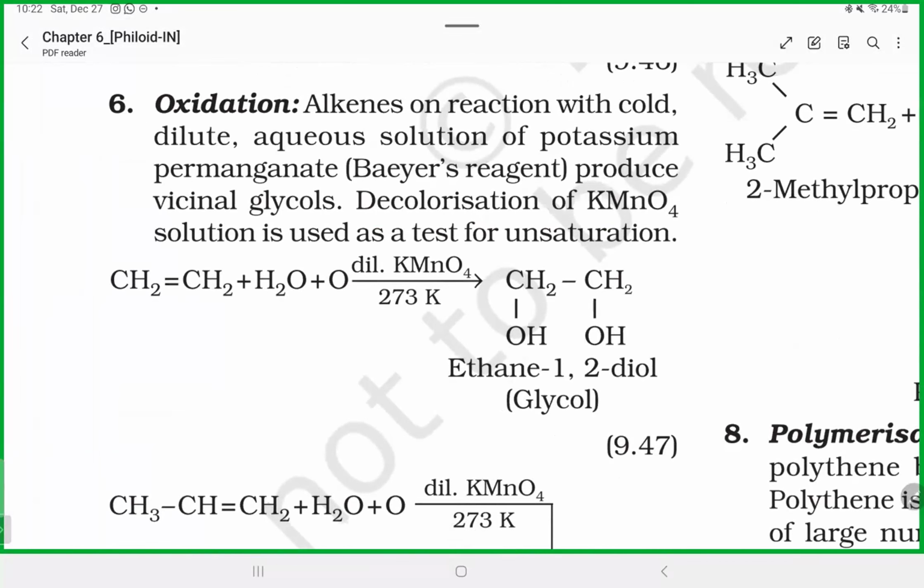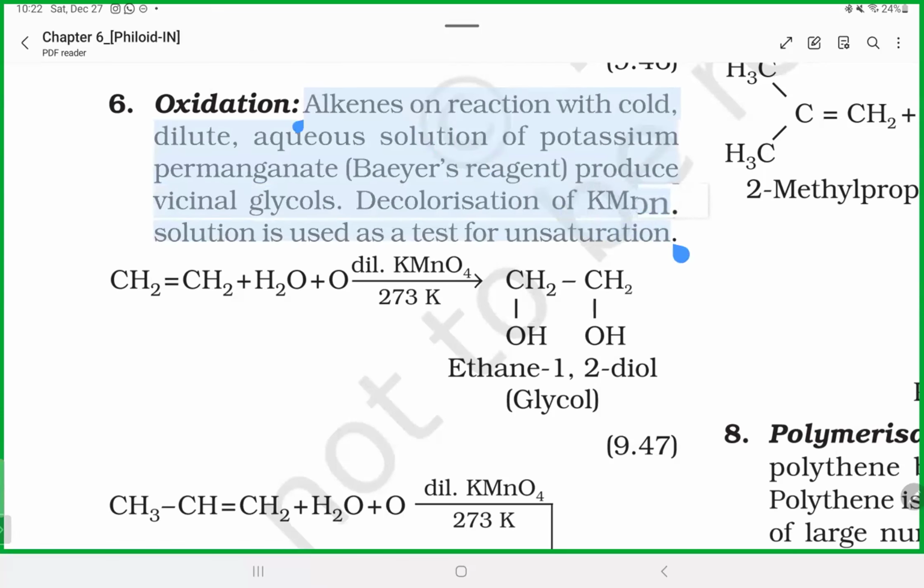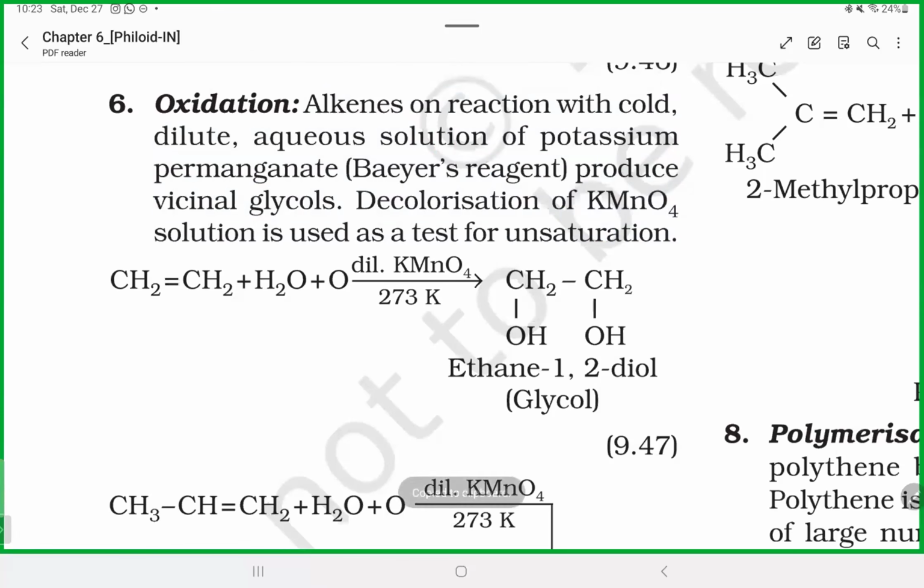Decolorization of KMnO₄ is a test of unsaturation. Yes or no? Yes, sir. And do you remember we did the same stuff? Exactly the same reaction is given when alkene reacts with water and oxygen.